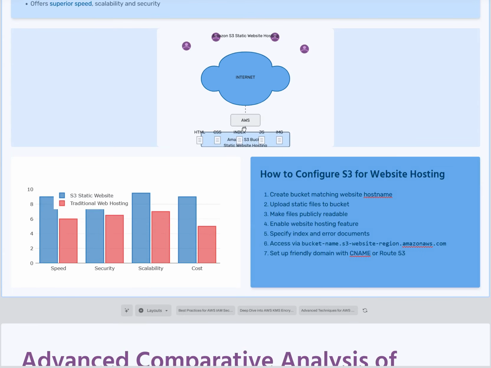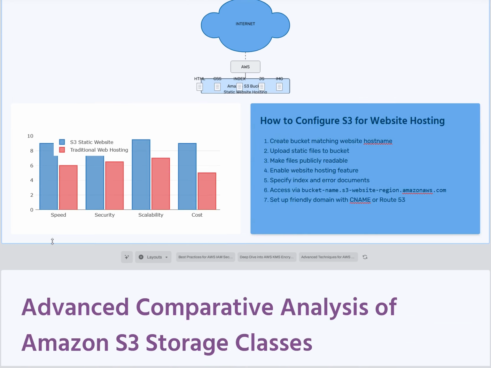You have the internet here, and AWS here, and then an S3 bucket. In the S3 bucket you can create HTML and CSS style pages, an index file, and then JavaScript and image files. So this graph shows you how to create an S3 static website.